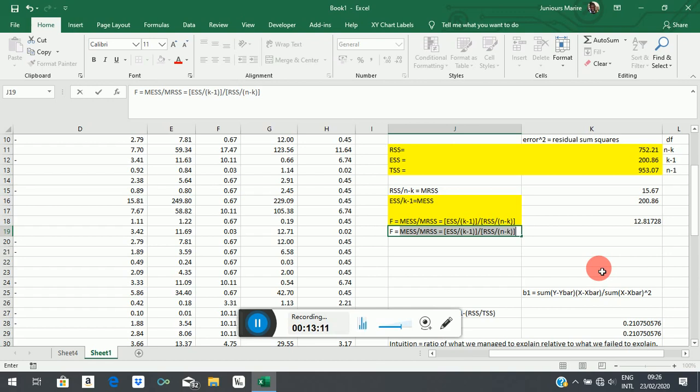So what we're going to do, instead of showing you the algebraic manipulation, I'll just put it very simply.